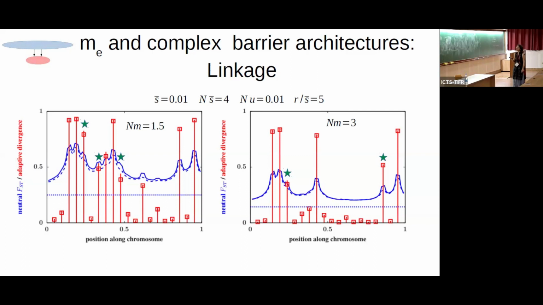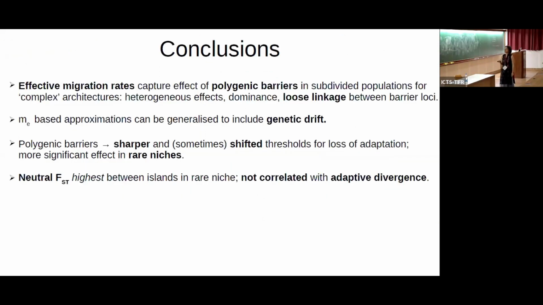And one can do the same thing for a higher level of migration. Now the overall differentiation is lower, there are fewer of these peaks, but again, you have loci, especially this peak, let's say, which would not have existed by itself, which only exists because of all these other loci.